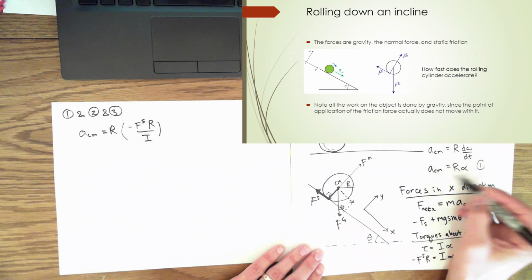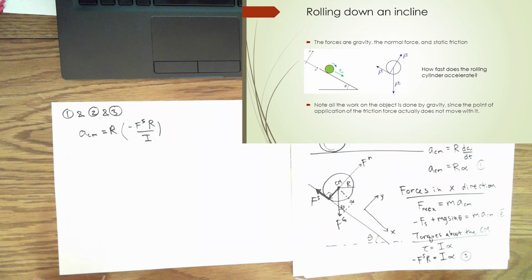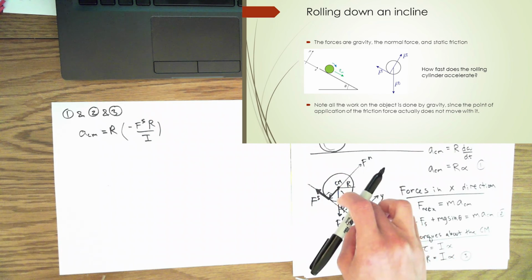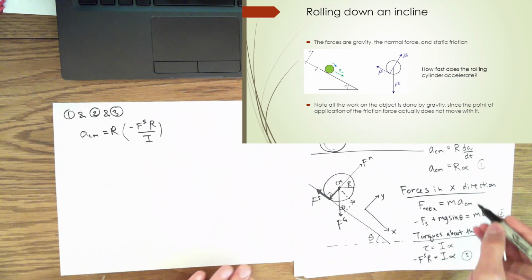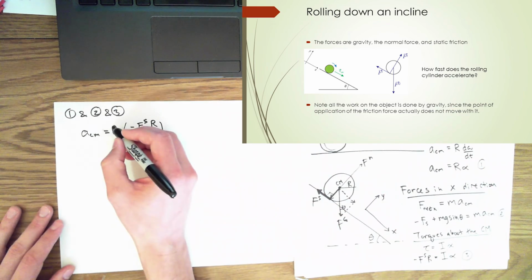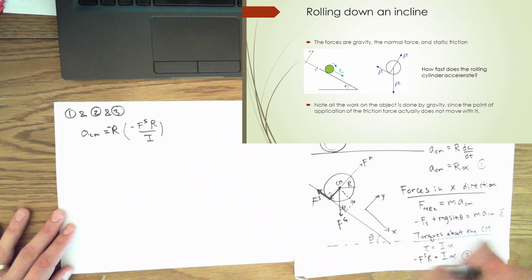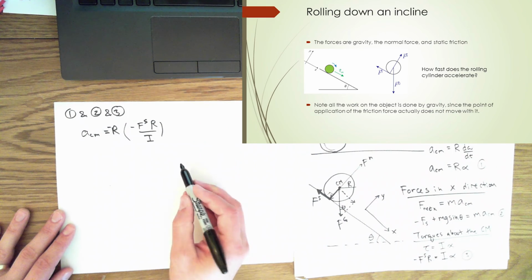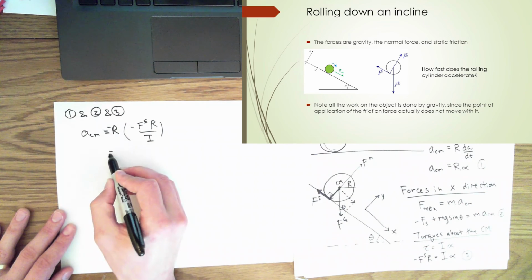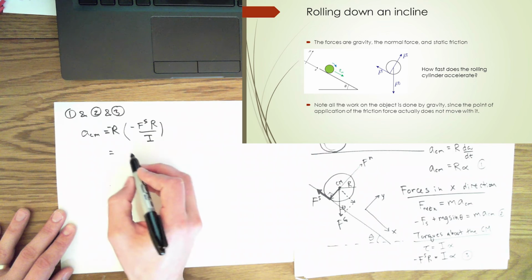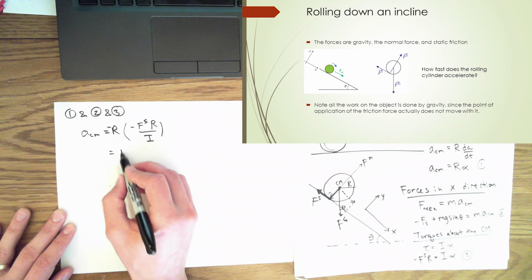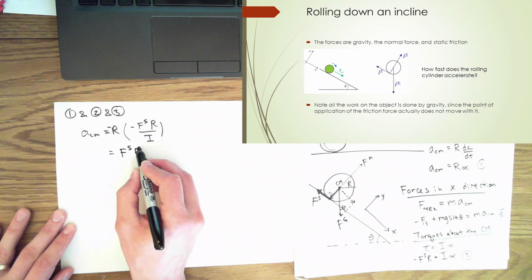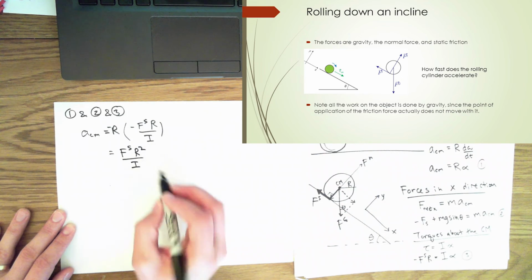So this is correct the way it's written, but the sign convention in these rotation problems is up to the person doing the problem. In our book the convention is that clockwise rotation has a negative sign. So the alpha here is negative in the sense that it's clockwise rotation. We get two negative signs that cancel each other. So that is F_s r squared over I.